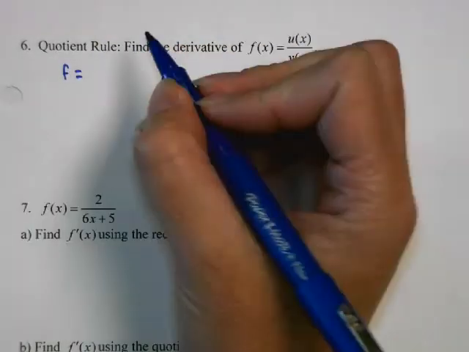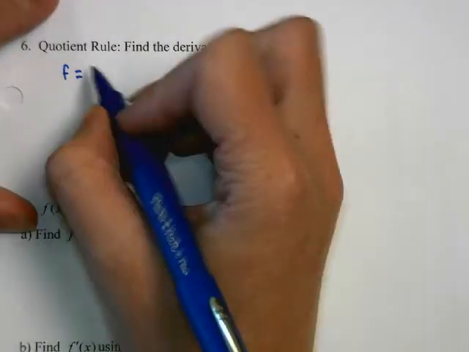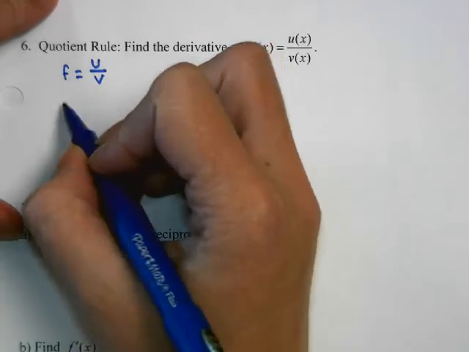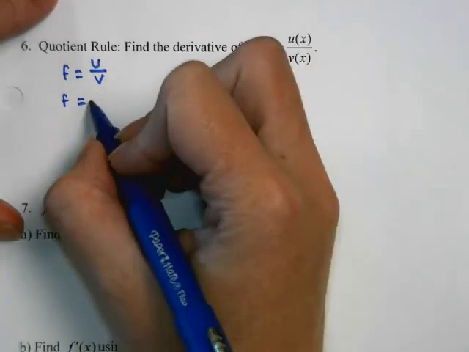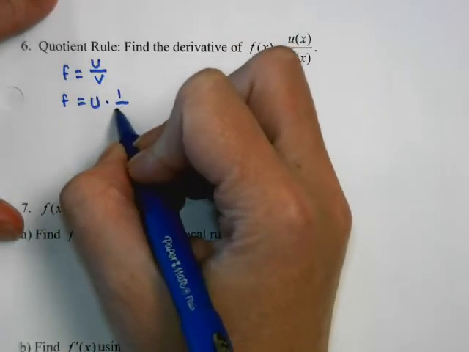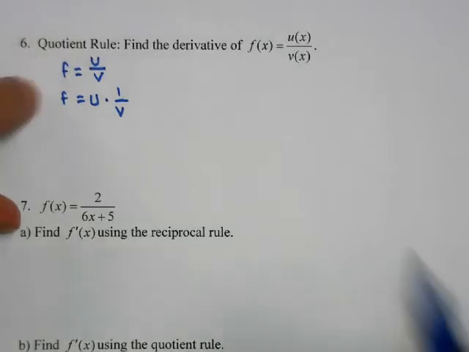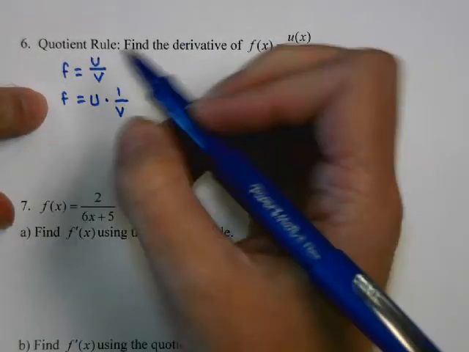So I'm going to simplify this down so we can see it a little bit better. So f is going to be u over v. And I'm going to rewrite this as u times 1 over v. So I'm going to apply the product rule here because I have u times 1 over v.